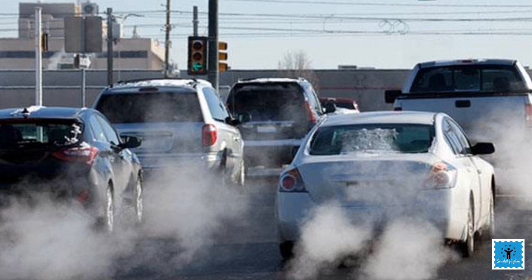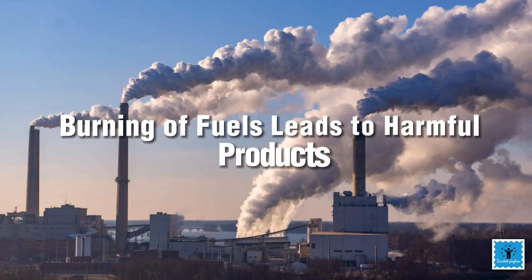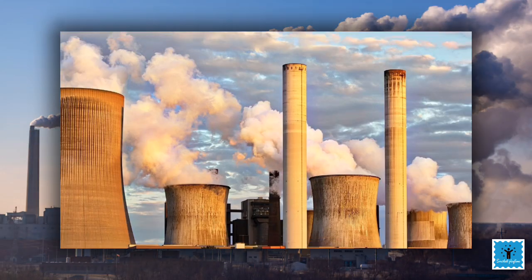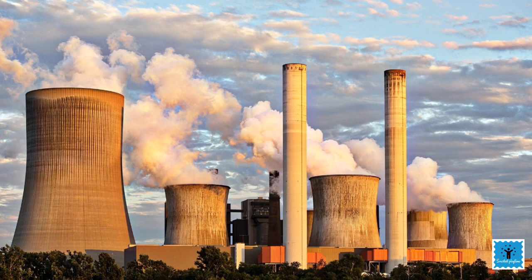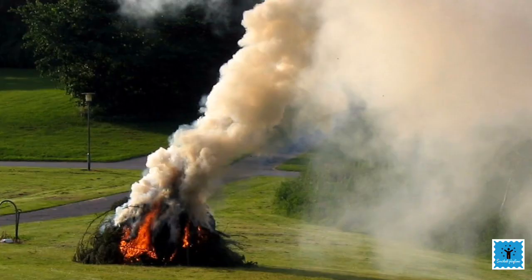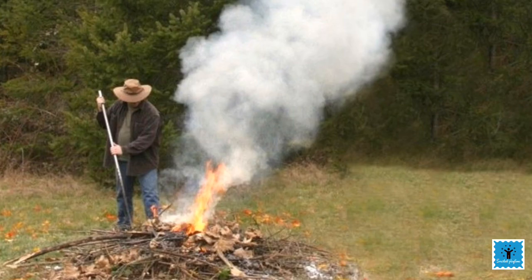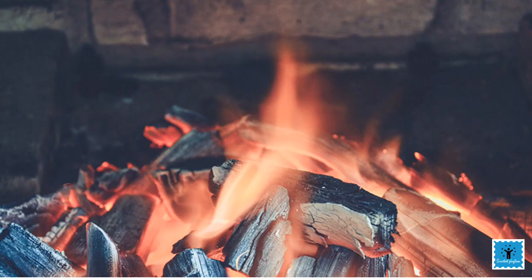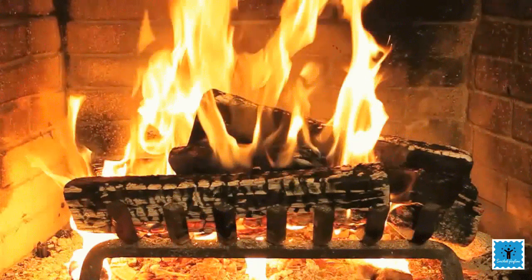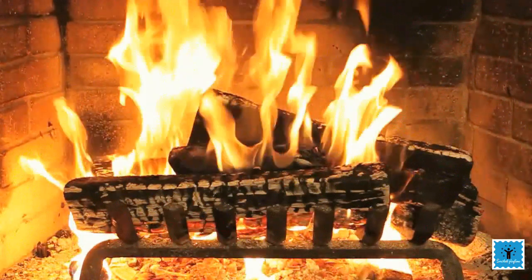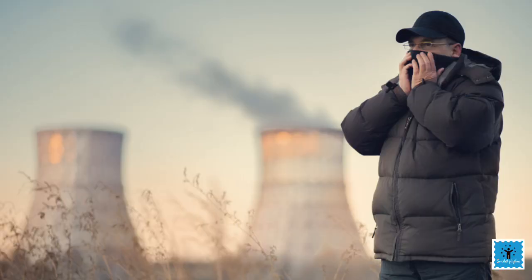Burning of fuels sometimes leads to some harmful products, which affect the environment and cause pollution. Carbon fuels like wood, coal, petroleum release unburnt carbon particles in the air. These fine particles are dangerous pollutants which cause respiratory diseases like asthma.